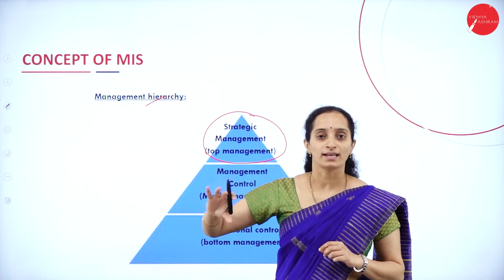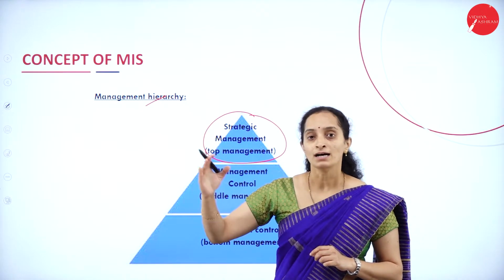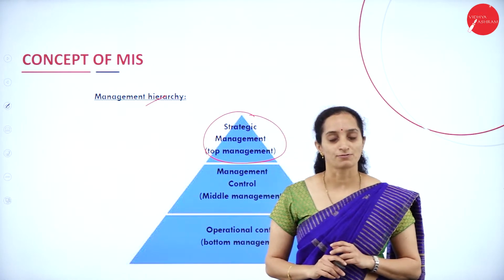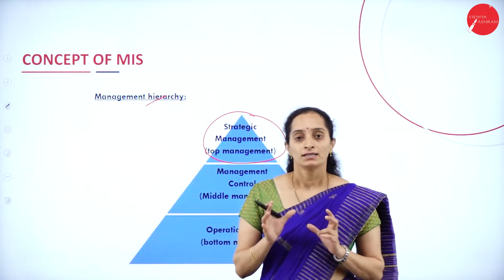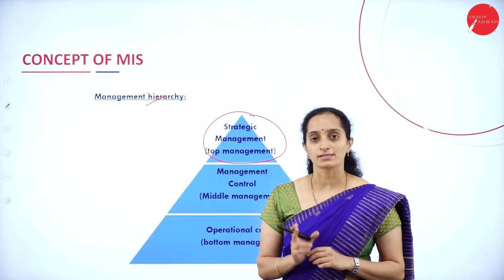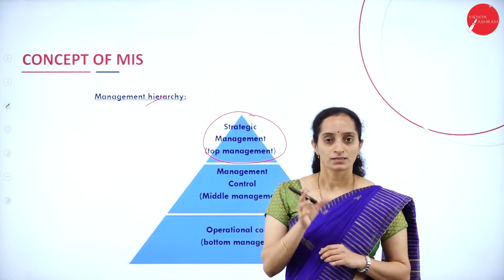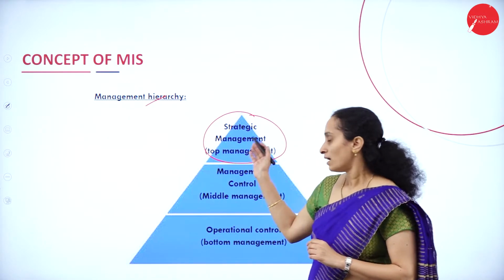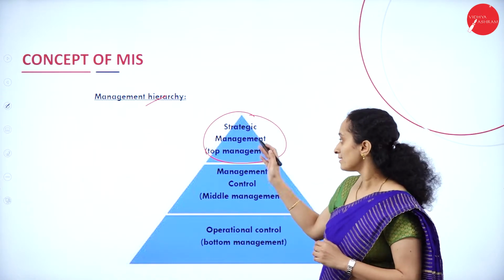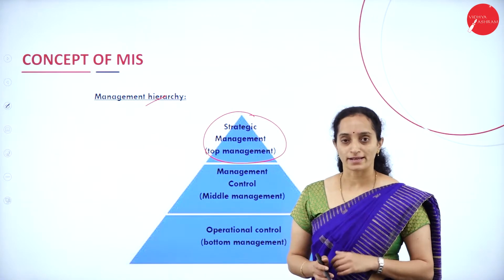Long run is for 10 years, 15 years, until the business is running. And the short one is the strategy for 1 year or for 6 months or for a quarter, 3 months. So the decision makers are the strategic management level.